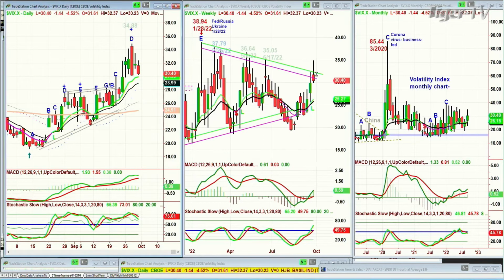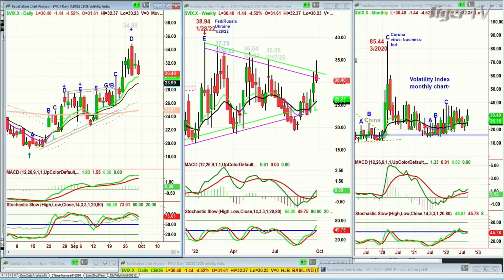So let's go back to this. The VIX index made a high of 38.94 the week of the 28th of January. That's everything: Fed, Russia, Ukraine, anything you can name, it was there. It dropped very sharply into the low 20s, and then spiked to 37.79 the week of the 25th of Feb, and then plummeted and then started a trend line up, the Chapman Wave Inside Track propellant zone, but it kept being repelled at the Chapman Wave Inside Track repellent zone, 36.64, week of the 6th of May.